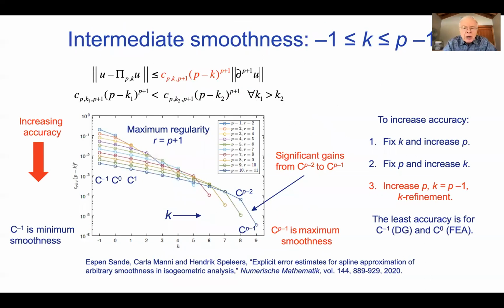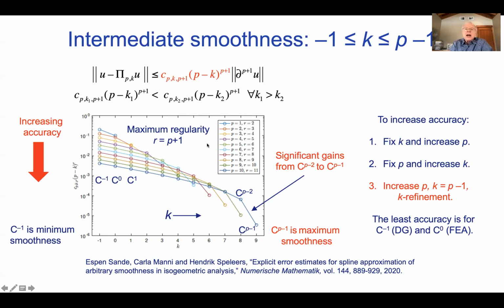Now, this sort of summarizes the story in one picture from a functional analysis point of view. It's just giving you an error estimate in Sobolev norm of a function that has a certain amount of smoothness. And the idea here is what happens when you vary the smoothness and you vary the polynomial order.